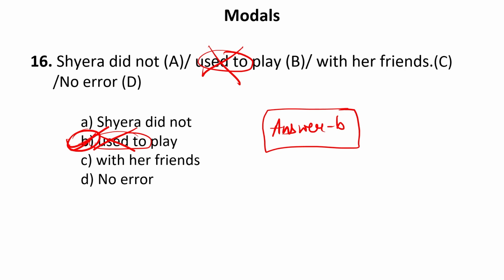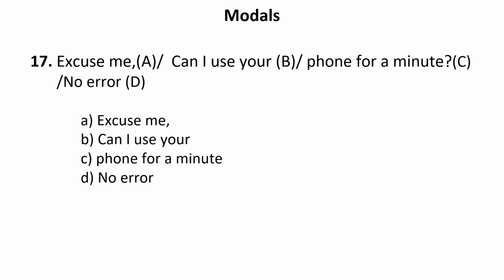Now, let us move to the next one. Excuse me, can I use your phone for a minute? In this sentence, this shows a request. A request can be a formal one or an informal one. If it is an informal request, the sentence is absolutely correct.